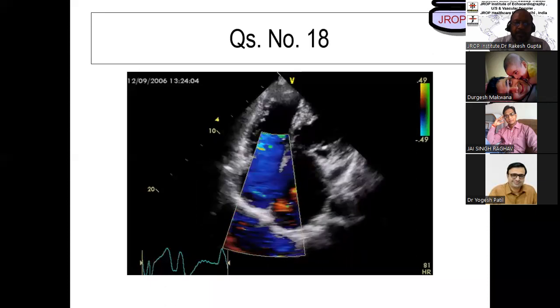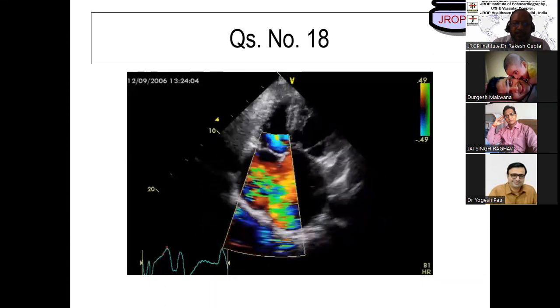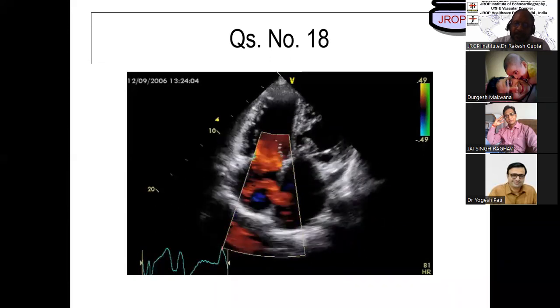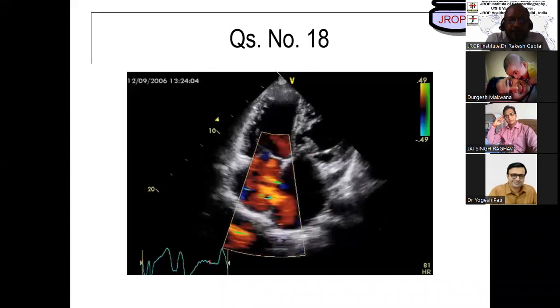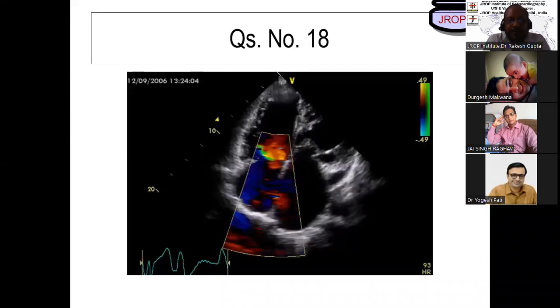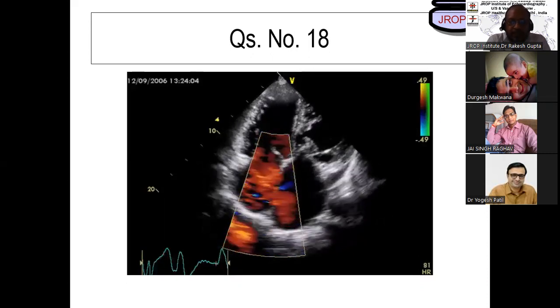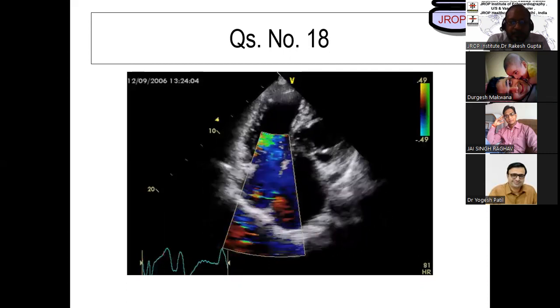Tell me what is there in this patient. LA is dilated. There is an ASD defect, flow from the LA to RA. And this is the same thing as the previous one.